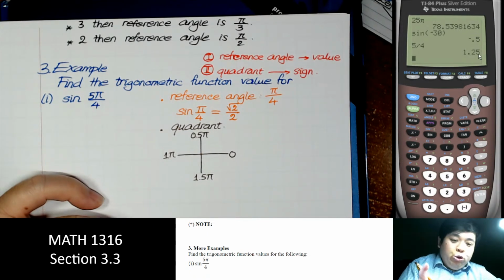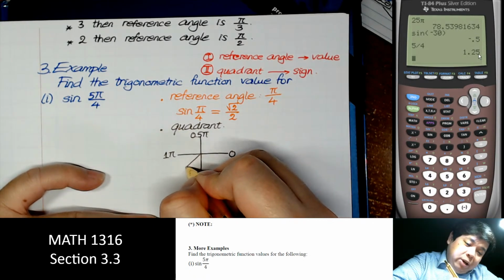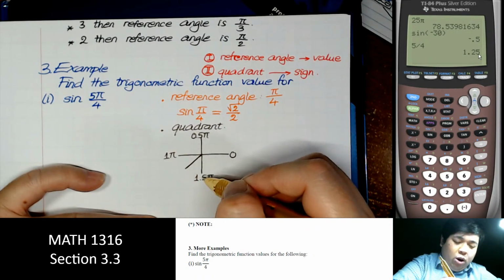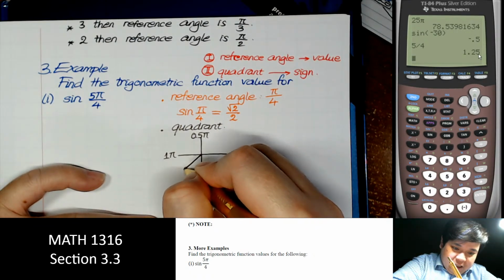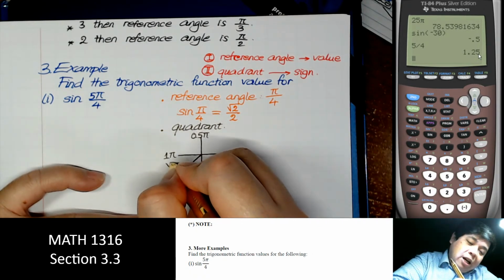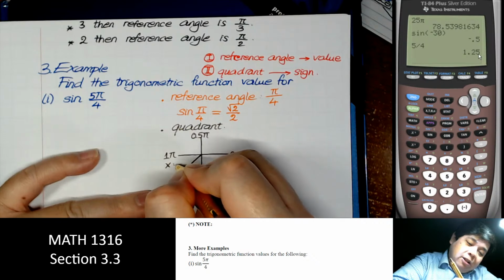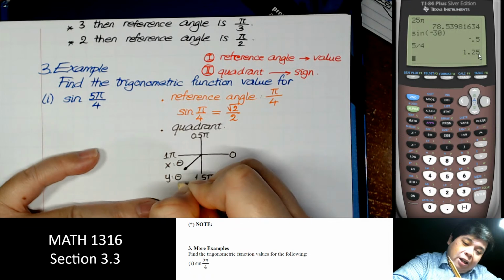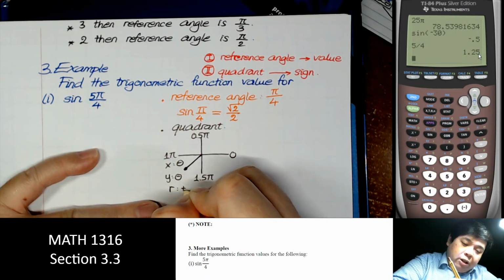So we have 1.25, so it will be in here. 1.25 is between 1 and 1.5, so this is in quadrant 3. In quadrant 3, x is negative, y is negative, and r is always positive.